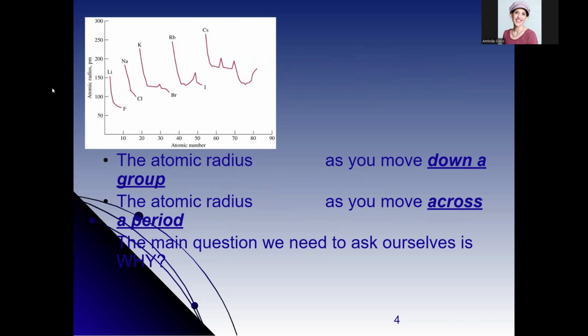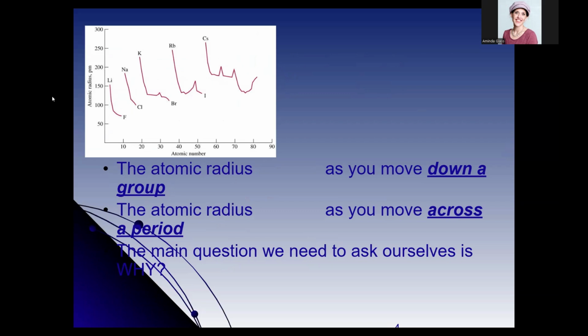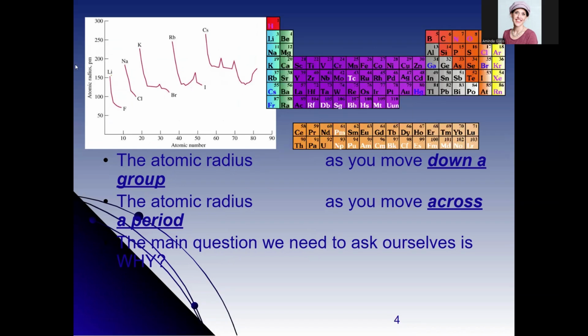since we have experimentally measured each of the atomic radii of the elements, if we look, we know that here, lithium, sodium, potassium, rubidium, cesium, and francium are all in the same group.